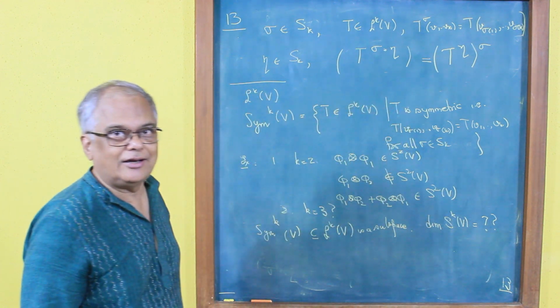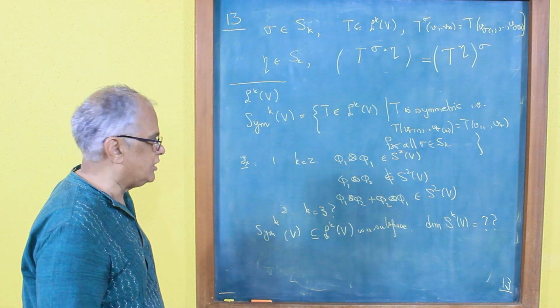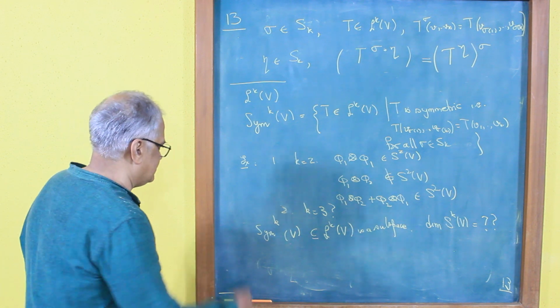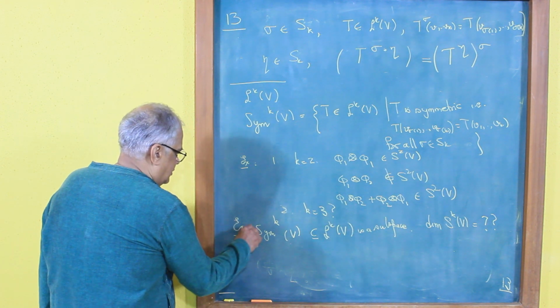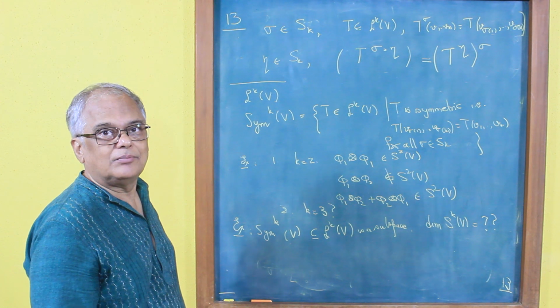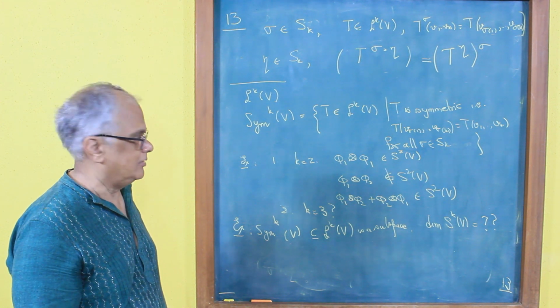It's obviously less than n to the power k. But what is it? It is a good exercise to think about. The sum of two symmetric multilinear maps is a symmetric multilinear map.